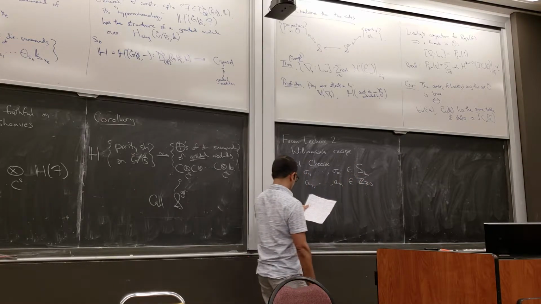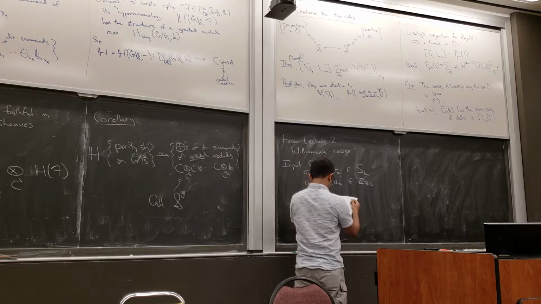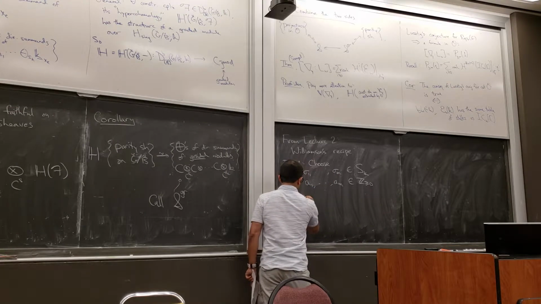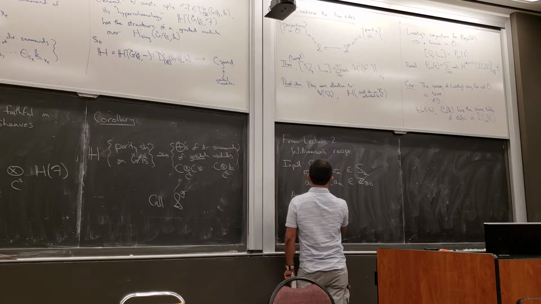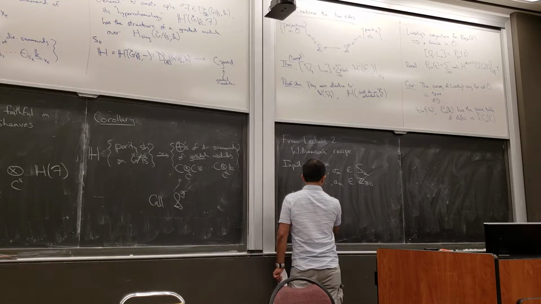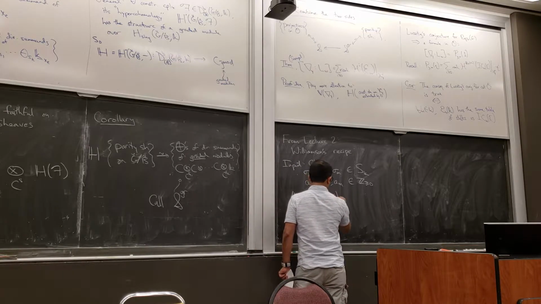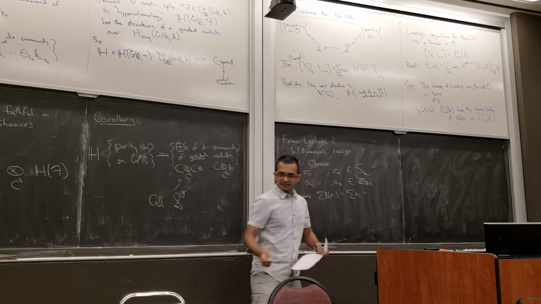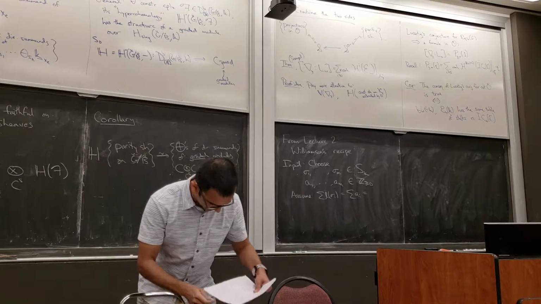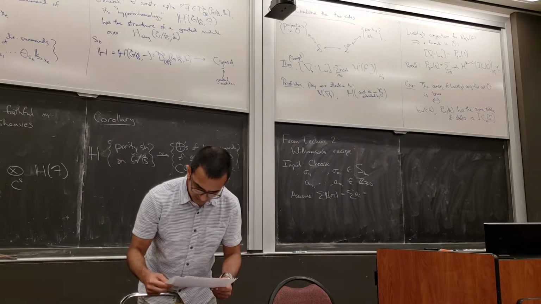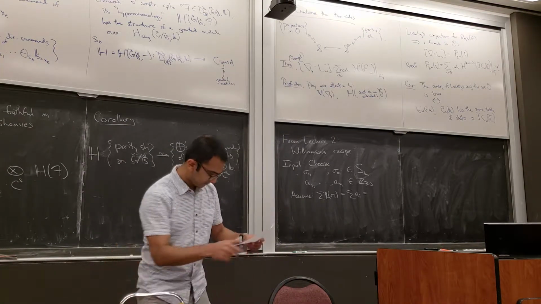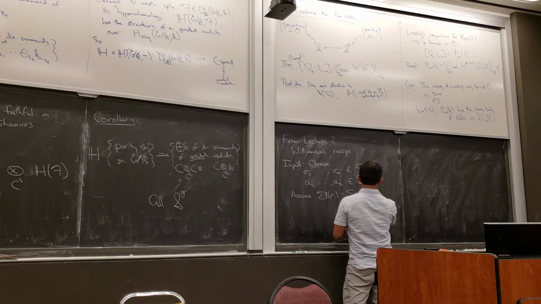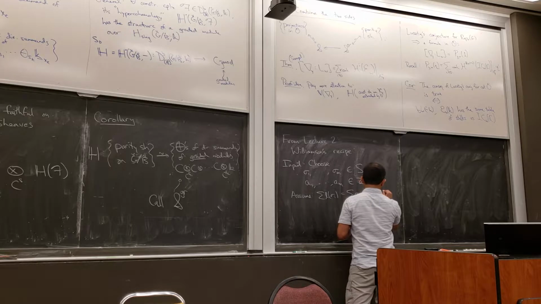And then I had an assumption that the sum of the lengths of these permutations is equal to the sum of the a_i's, and I wanted this to be equal to n minus k.